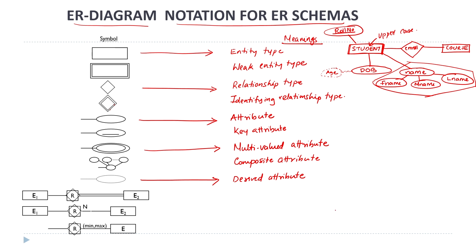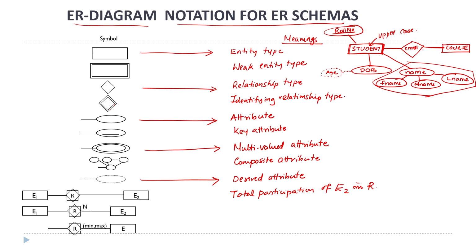Then the second one is the type of relationship. I just drew two lines connecting this in the students enroll in the course kind of thing. One way of looking at this, the first relationship E1 E2 with an R where there are two lines as part of it, you can call this total participation of E2 in R. One way to think about it is that every student will enroll in a course.